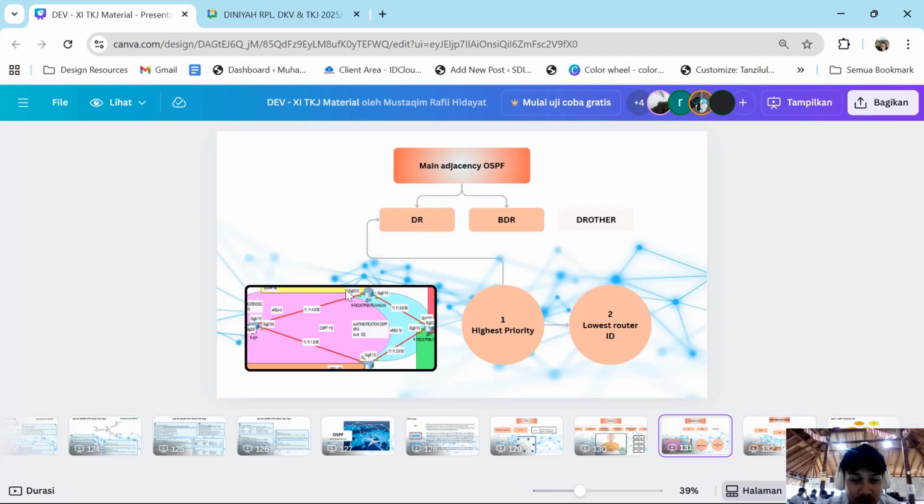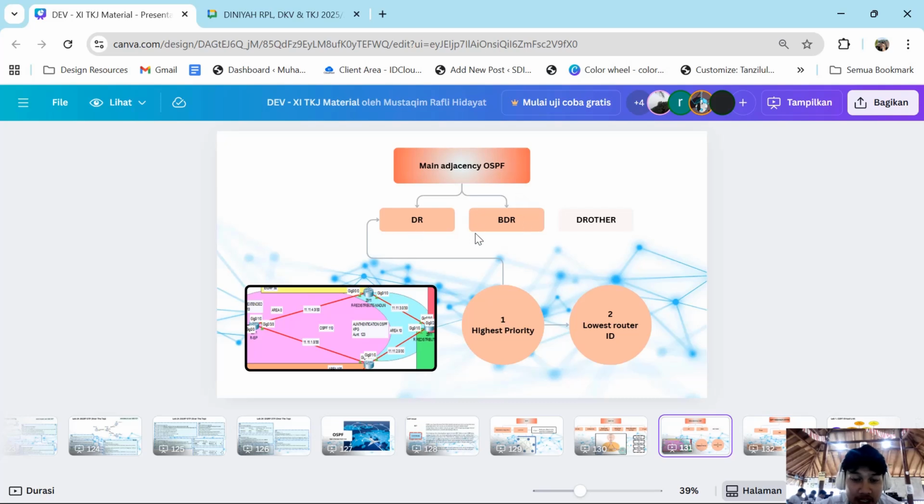Designated router means leader of the class. Each area has its own DR. Inside the area, one router will be chosen as the DR, the leader. So one area, one class, will choose one DR, one leader.